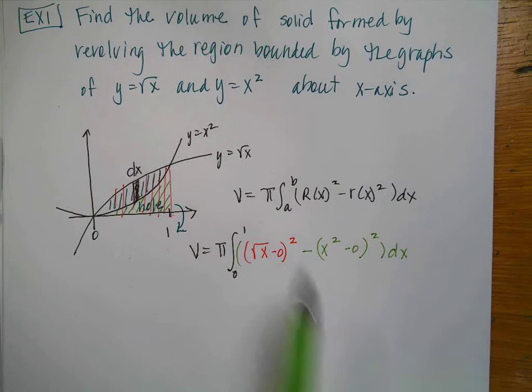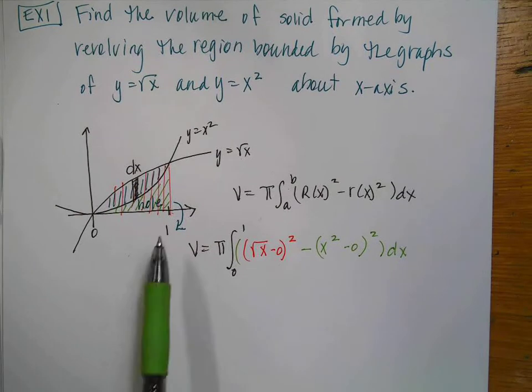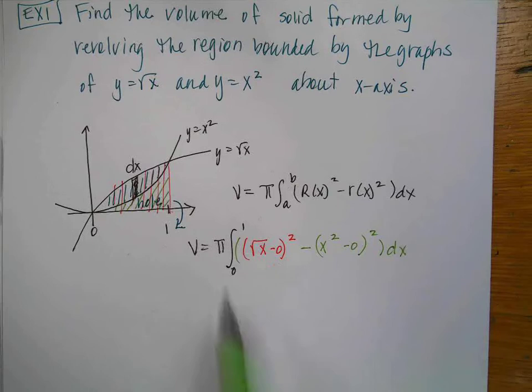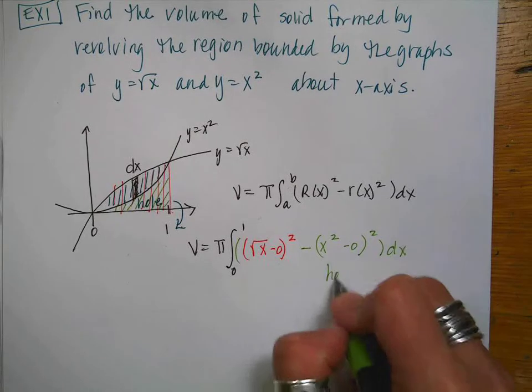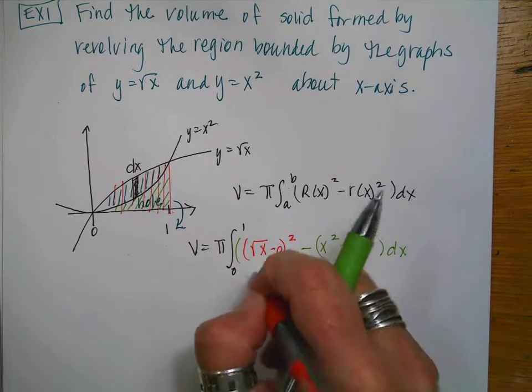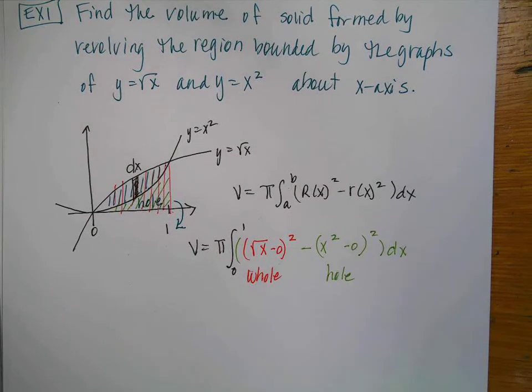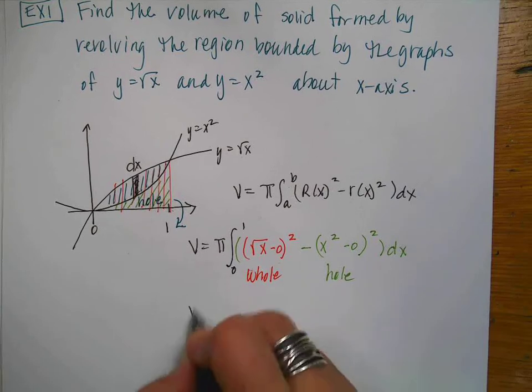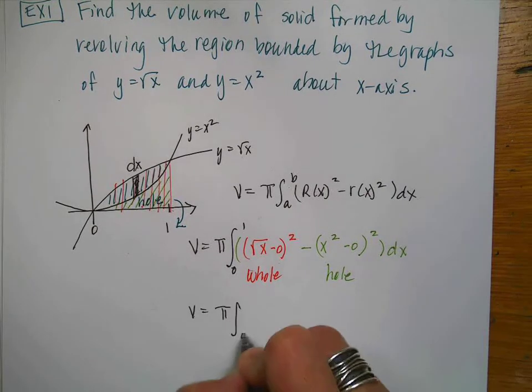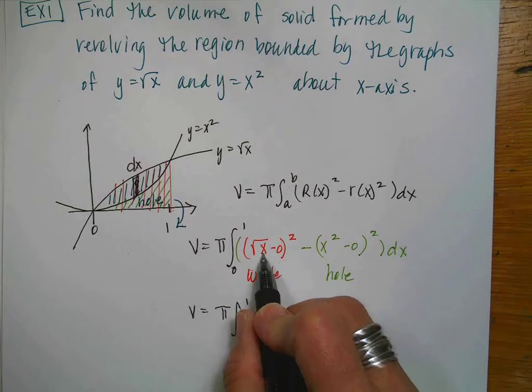For right now, the reason that I'm showing it to you in colors is so you can think about whole versus hole. So this was my whole, and this was my hole. Boy, can't you tell the difference between those two words? Now if I clean that up a little bit, I'm going to get my volume as the integral from 0 to 1.